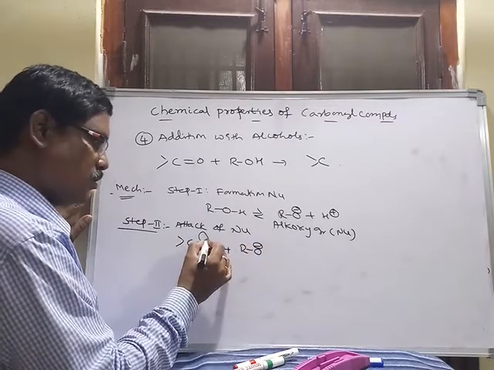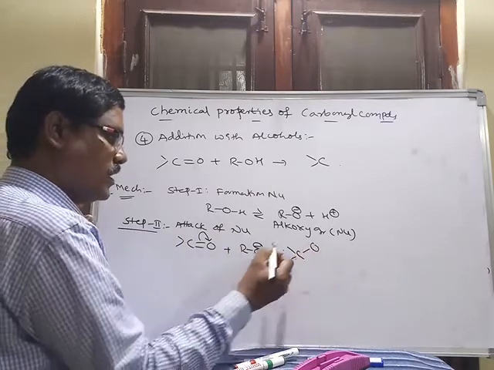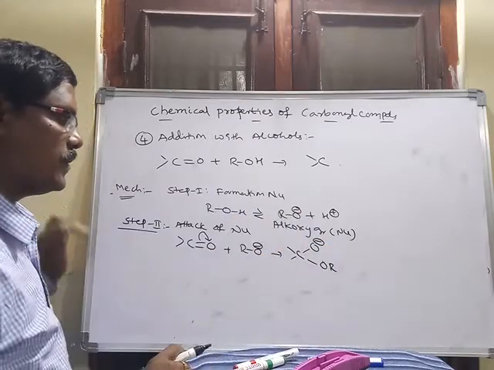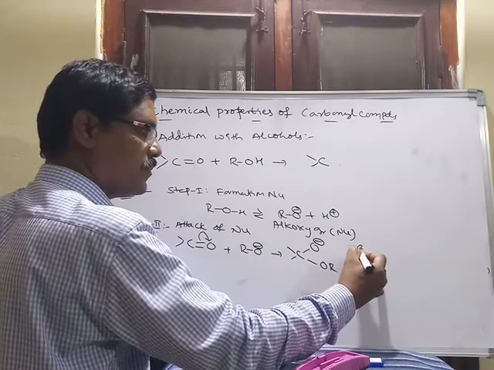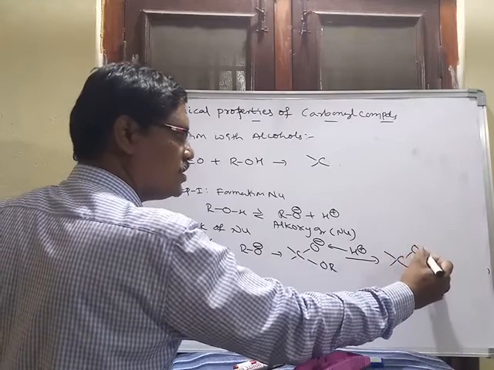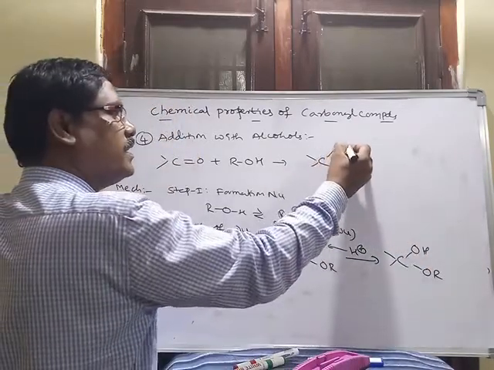This bond shifted to this side to form O minus and a new bond with OR. Now here H plus is present. This H plus is added to this one. That's why here OH and here OR.